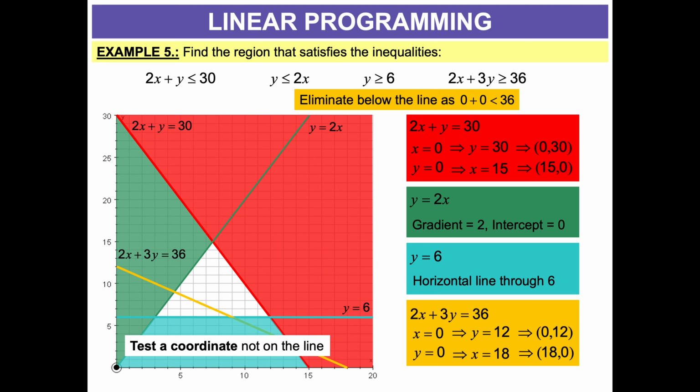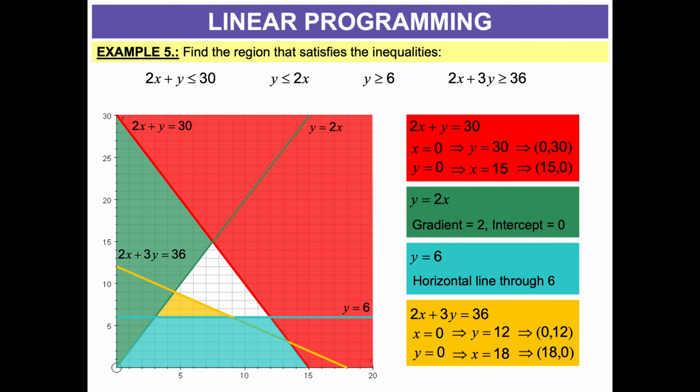When you plug the coordinates of the origin into the inequality, you get 0 is greater or equal to 36. That is not true. That means origin does not belong there, and the opposite half plane satisfies the condition. That means eliminate the side where the origin is included.